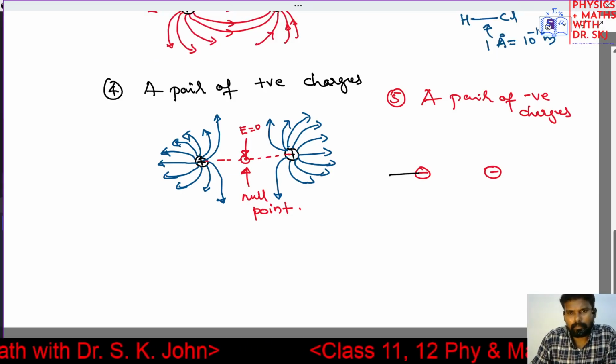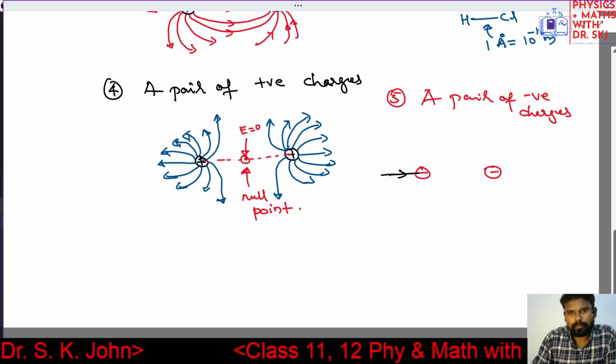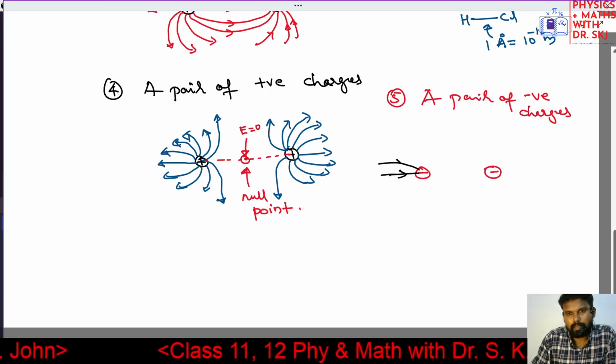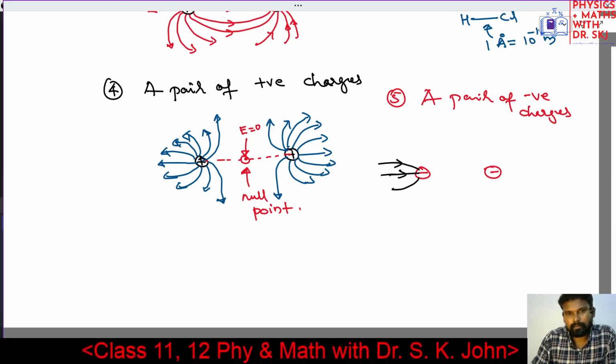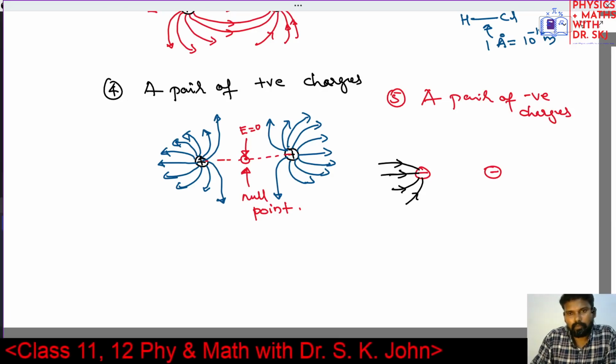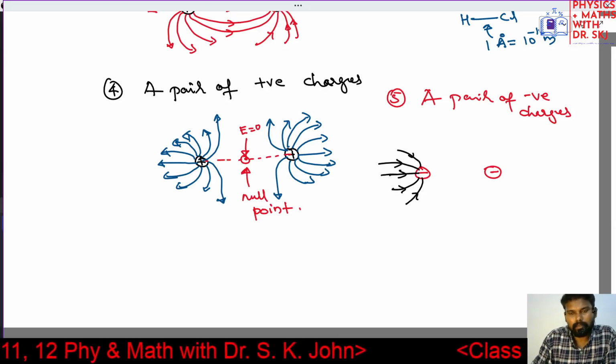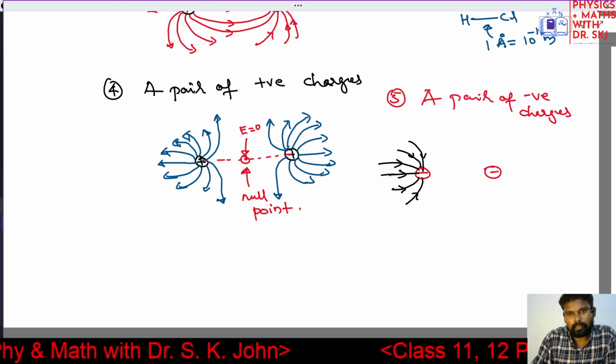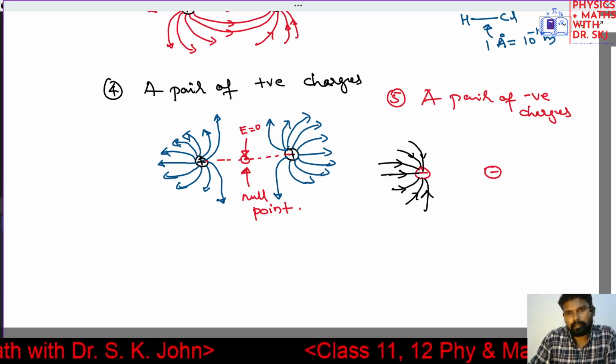Again, here there is repulsion, but the arrows should be inside.